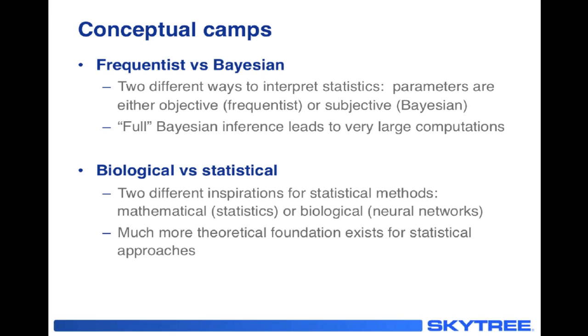I'm generally agnostic to these types of things, but pragmatically, if you want to be a full Bayesian, there are aesthetic reasons that argue in the direction of Bayesianism. But unfortunately, it leads to massive computation. You have to compute things in a different way to be a Bayesian.